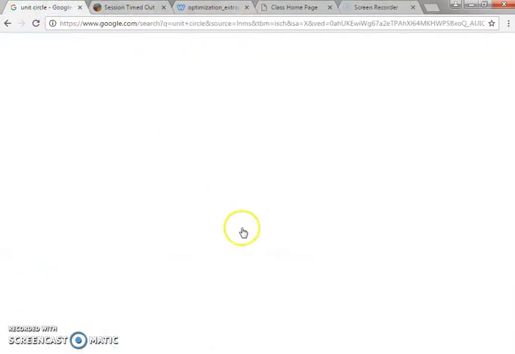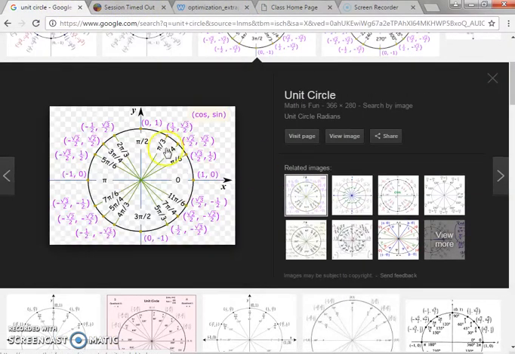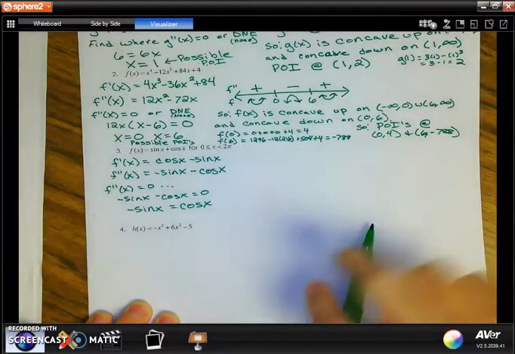So if I go to a unit circle here, notice this unit circle isn't rationalized, so I'm going to use this one instead. So notice that at pi over 4, your x value and y values are the same, aka sine and cos are the same, but we really want them to be the same, but one is negative. So that would be in quadrant 2 and also again in quadrant 4. So it's going to be 3 pi over 4 and 7 pi over 4 is what we're going for.